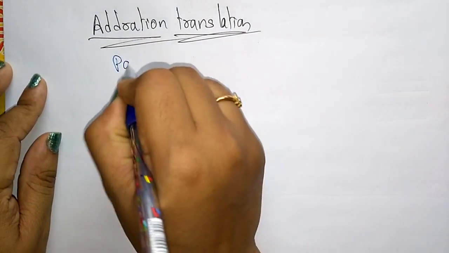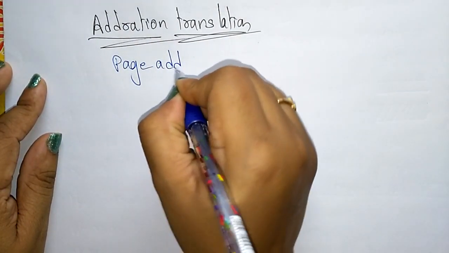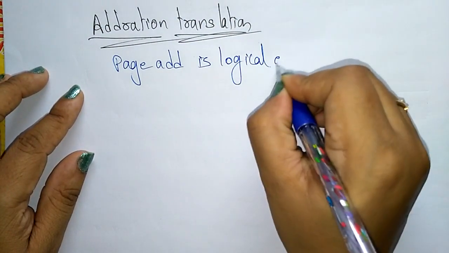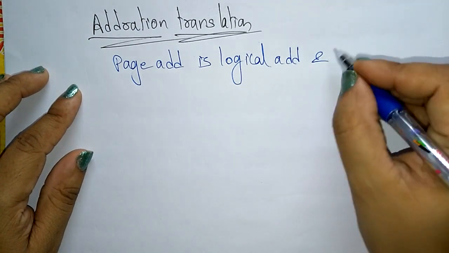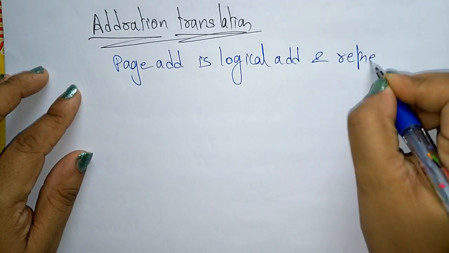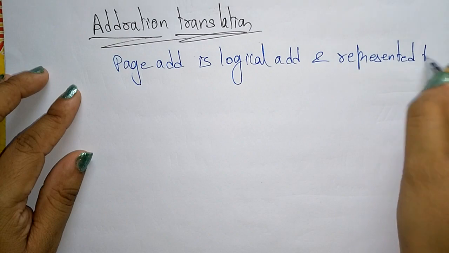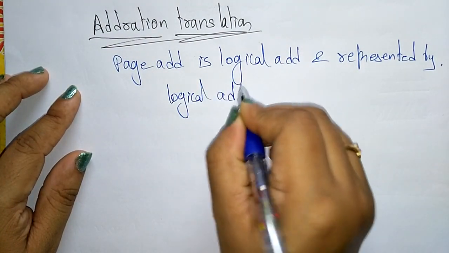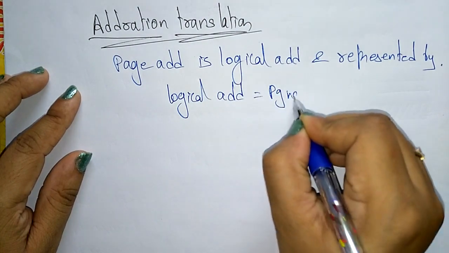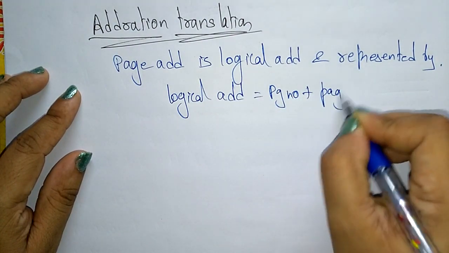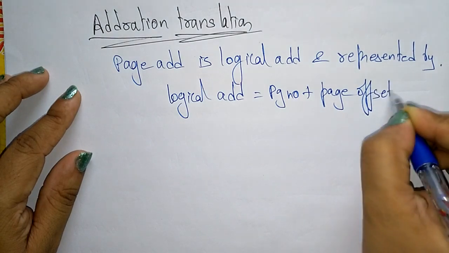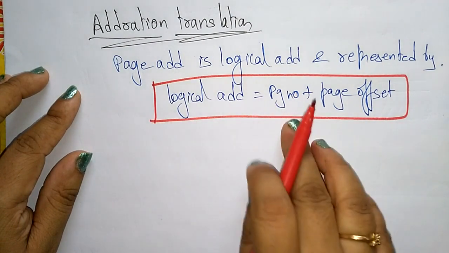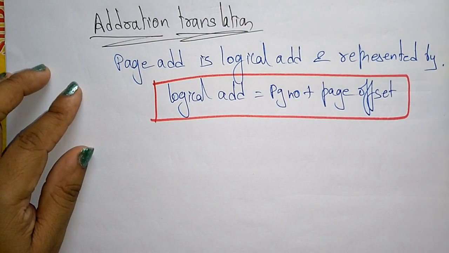Whatever pages we are storing, the page address is the logical address and is represented by logical address equals page number plus page offset. You have to remember that the logical address always consists of page number plus page offset.